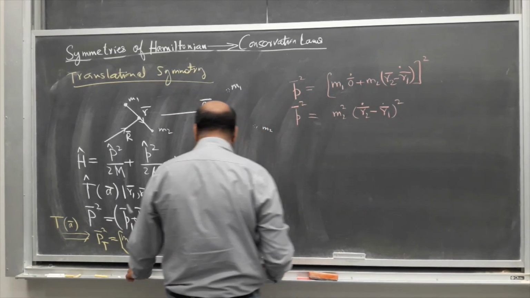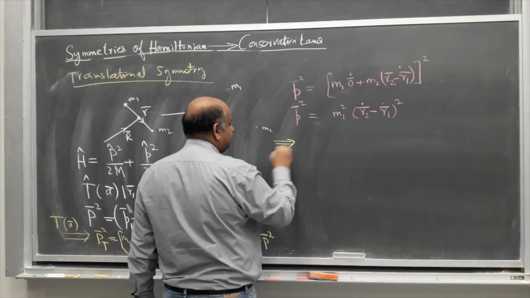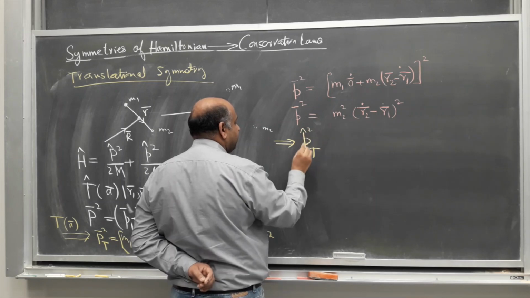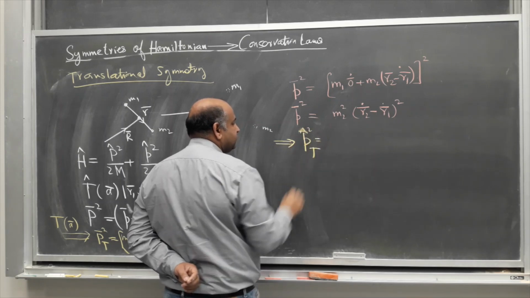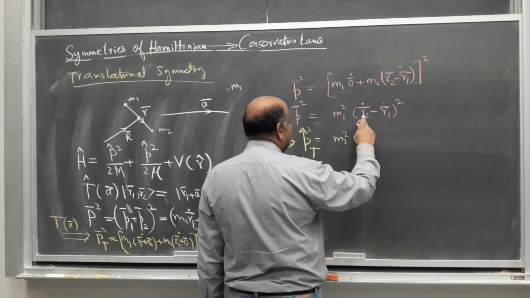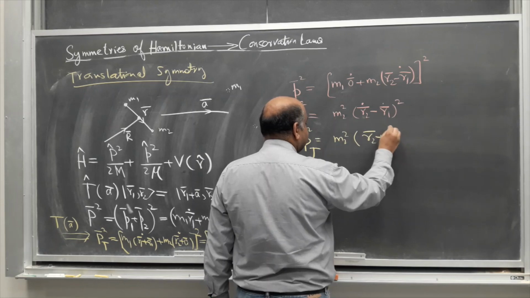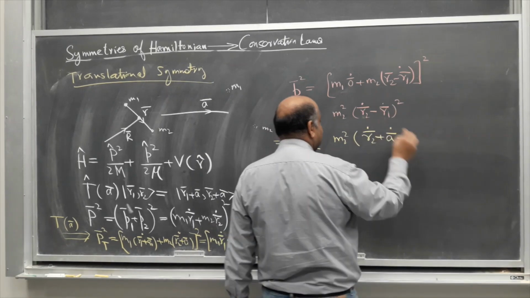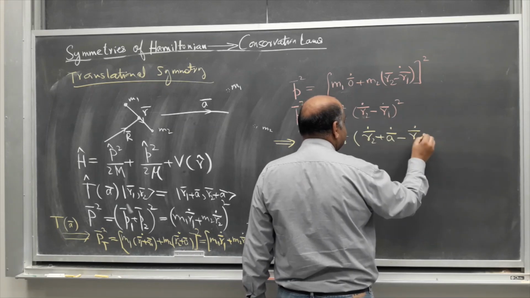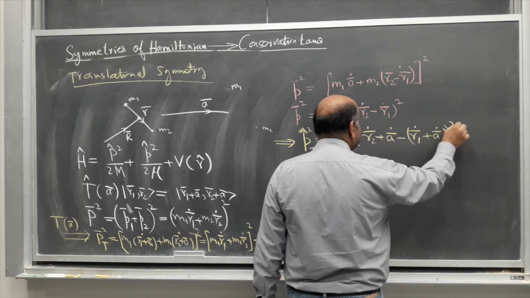So let's see how it translates under the translation operator. So the translated relative momentum is m2 square. We have to translate r2, so r2 becomes r2 plus a, minus r1 becomes r1 plus a, whole square.